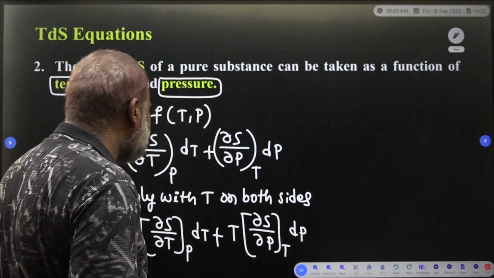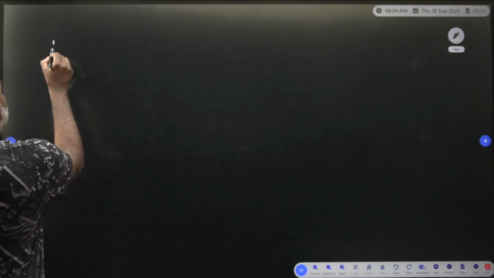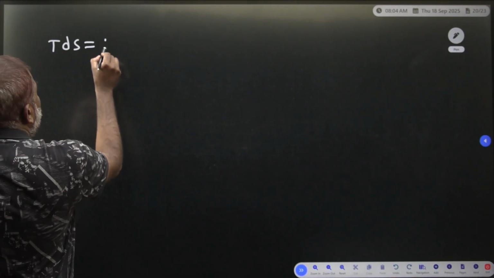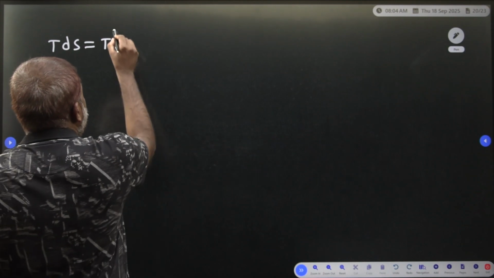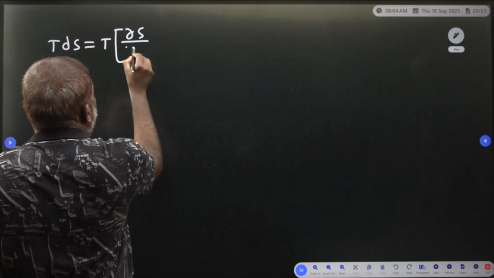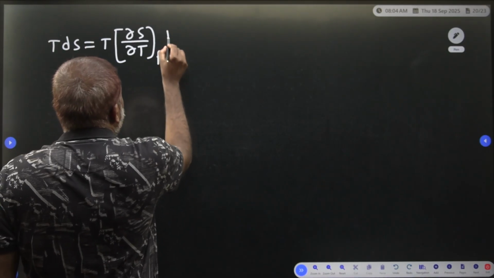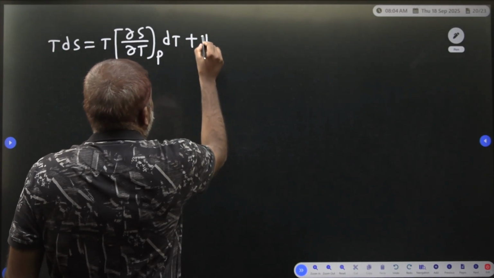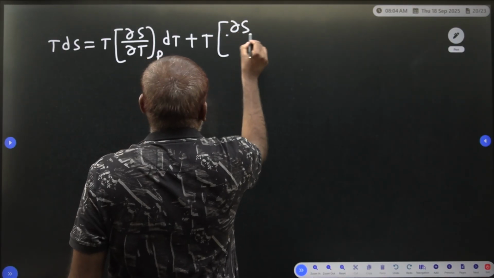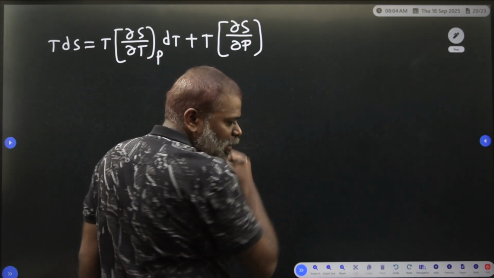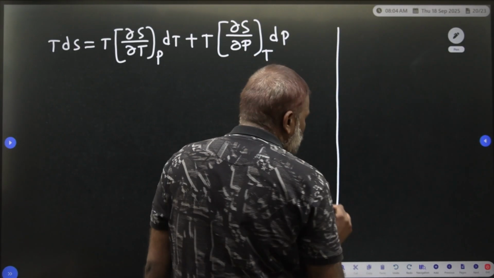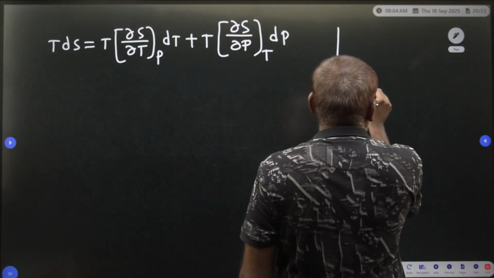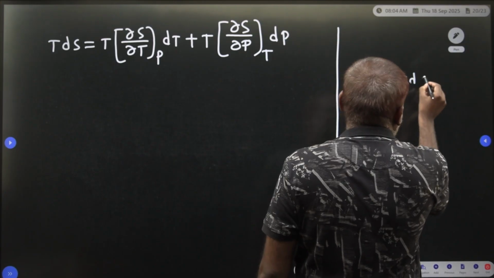Is that clear? But you know that Cp is equal to T(∂S/∂T) at constant pressure.